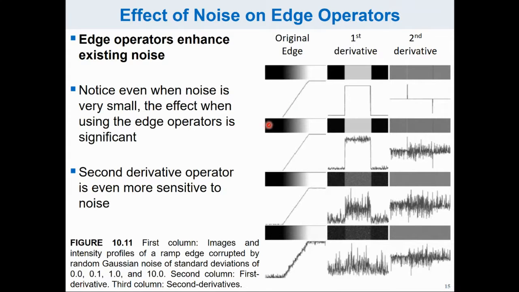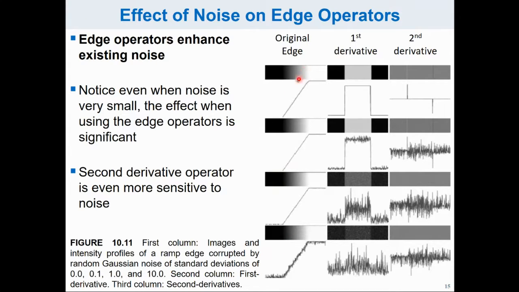I have 3 different samples of the original edge. The first one has no noise, and then I added noise to the others. The first one, Gaussian noise standard deviation is 0. The next is standard deviation of 1. The next is a standard deviation of 2.